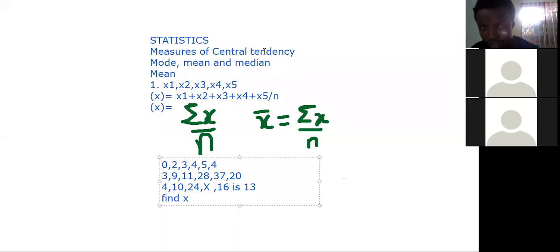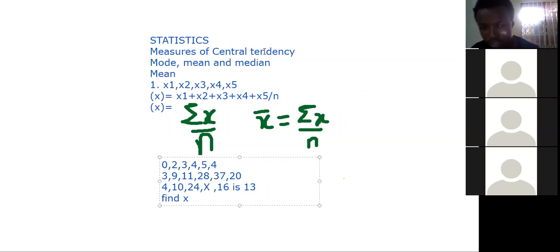You also had 11. I also had 11. Okay, great. The answer is 11. So you add all of this, you divide by 5, then you equate it to 13. Now let's do some more examples.